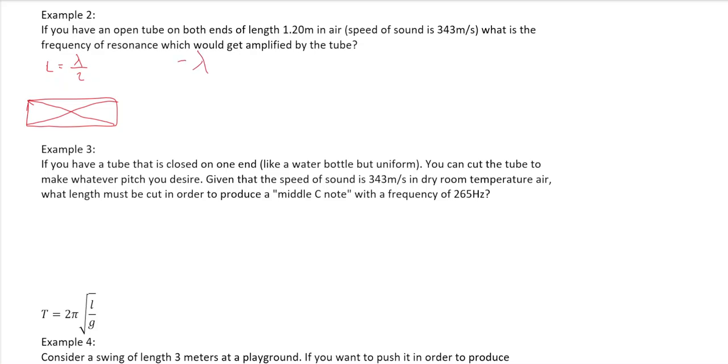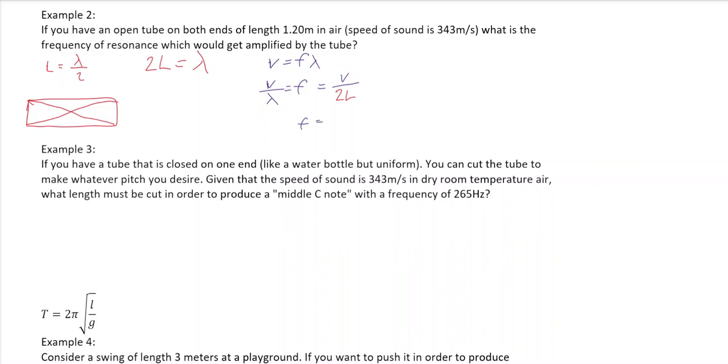So we need to find the wavelength. So 2L gives us the wavelength. Now, that's fantastic, but we also need to use our velocity calculation to then rearrange and solve for our frequency. So V over lambda equals our frequency. So it is actually going to be V over 2L is our frequency.